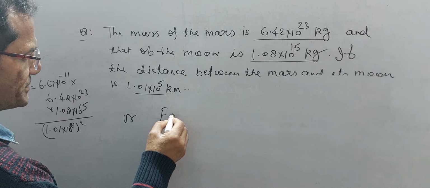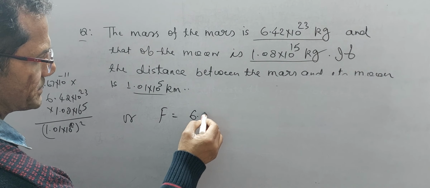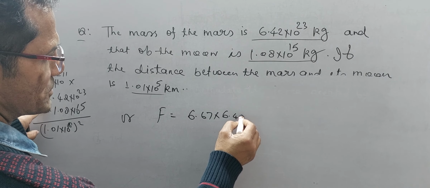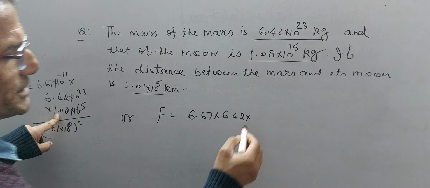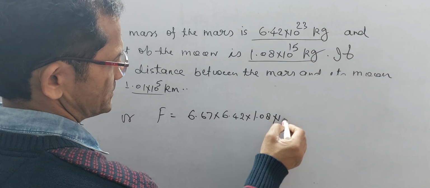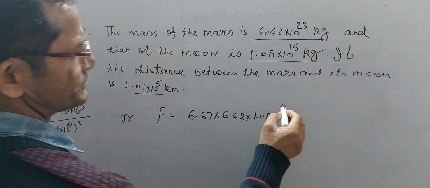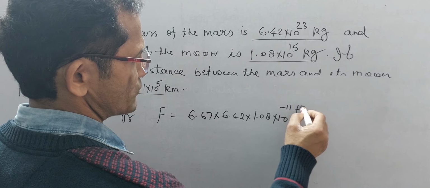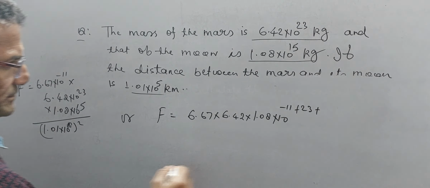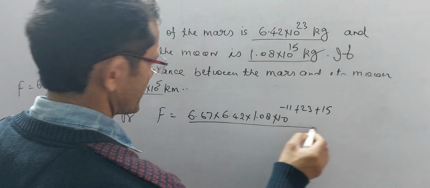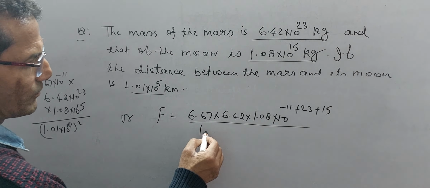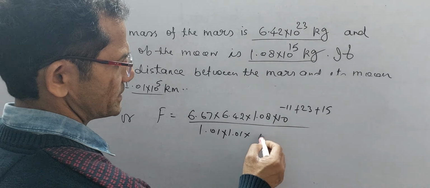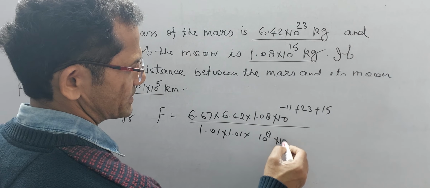Now the force F is equal to 6.67 and 6.42, mass of Mars, into 1.08, 10 raised to the minus 11, and the base is the same. Powers will be added: minus 11 plus 23 plus 15, divided by the square term, 1.01 multiplied by 1.01 and 10 raised to the power 8 into 10 to the power 8.